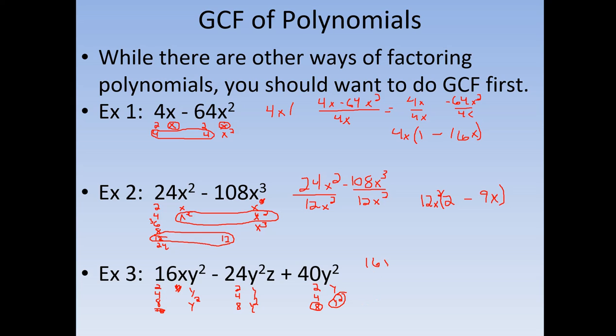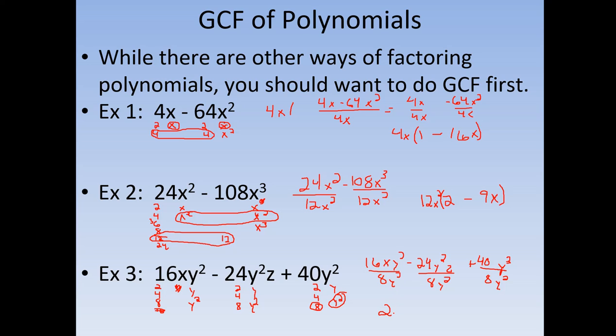So I'm going to take the expression and divide each term by that greatest common factor, 8y squared. 16 divided by 8 is 2.